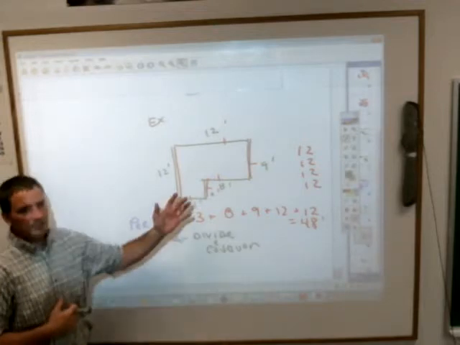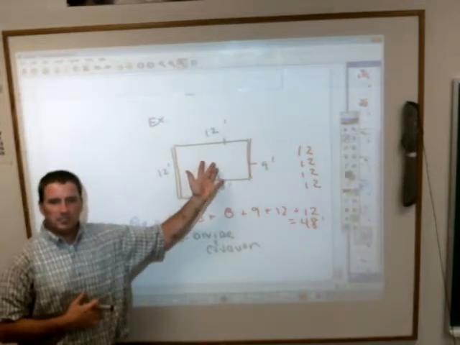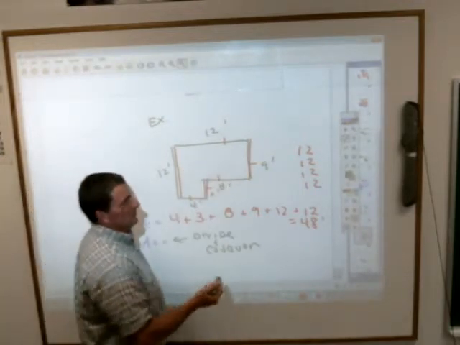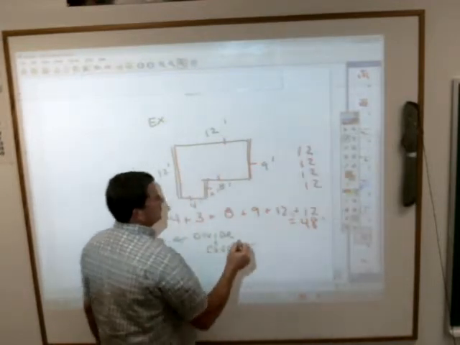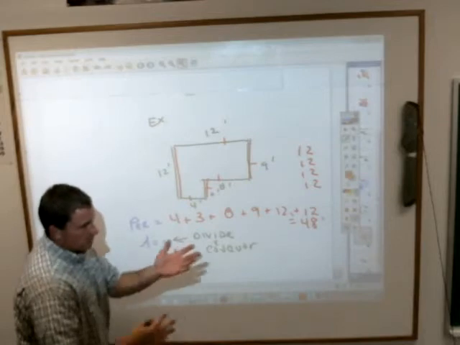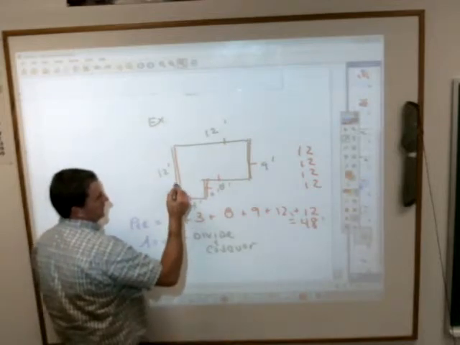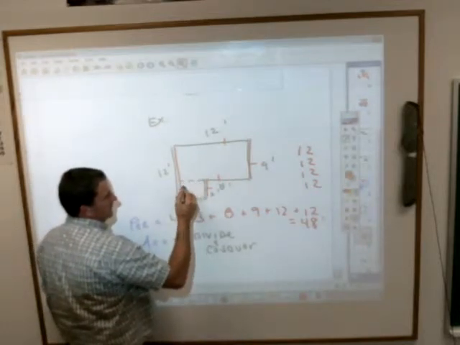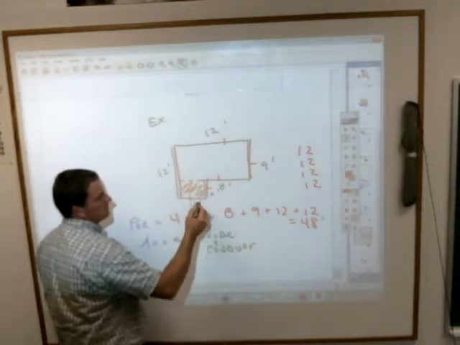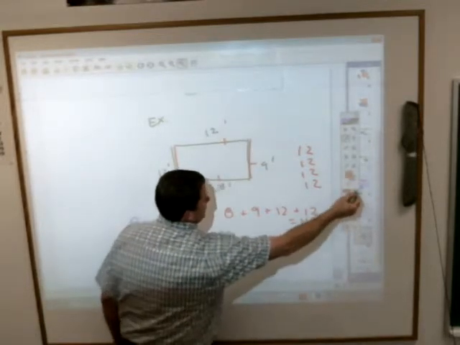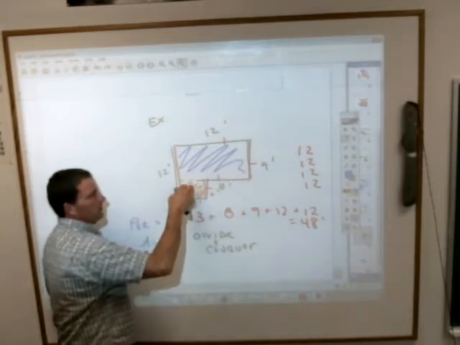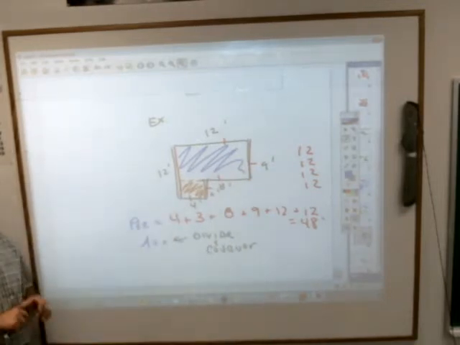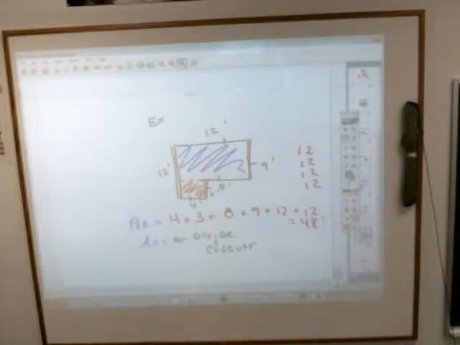In other words, I need to cut this shape into shapes that I do know how to find the area of. In this case, it's relatively simple because it's just going to be 2 rectangles. And it doesn't matter which way you cut it, I'll just do it like this for fun. I've got this rectangle here, and I've got this rectangle here. I find the area of each one of them and add it together, and that's going to be my total area. Now here's another word of caution.